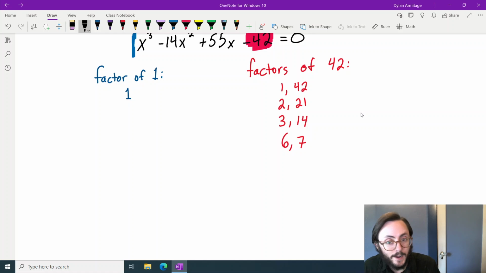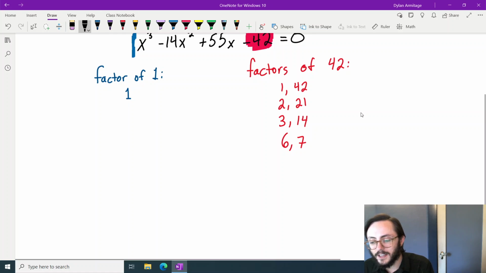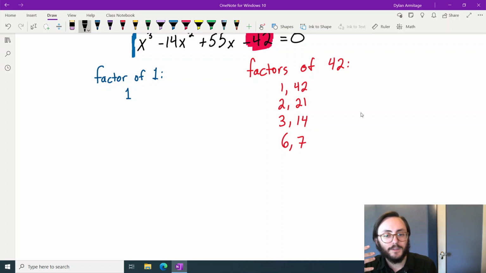Now there's only one factor of 1, so every solution we get is going to be over 1. 1 over 1, 2 over 1, 3 over 1. So every solution is really just going to be one of the factors of 42 in this case. So we can simplify this down.